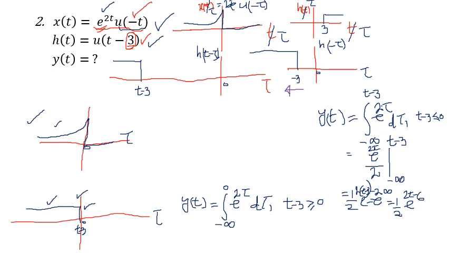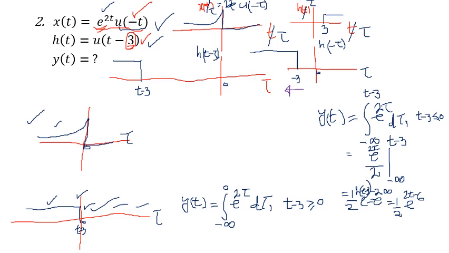You understand, we are moving the signal to the right, and this is your t minus 3. So when t minus 3 is greater than 0, we are in this region. This signal extends up to minus infinity, so the non-zero overlap will be fixed, from minus infinity up to 0.